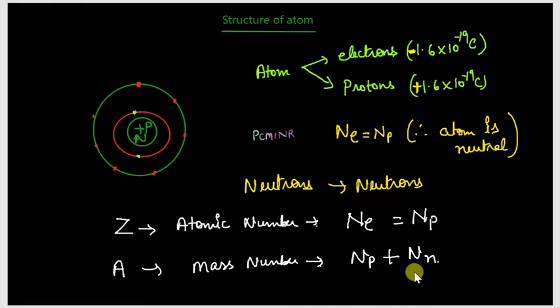So protons or electrons is an equal number, but protons plus neutrons is the mass number. So in general, if we want to write any element, it's always written as ZXA, where X is the name of the element and Z is its atomic number and A is the mass number.